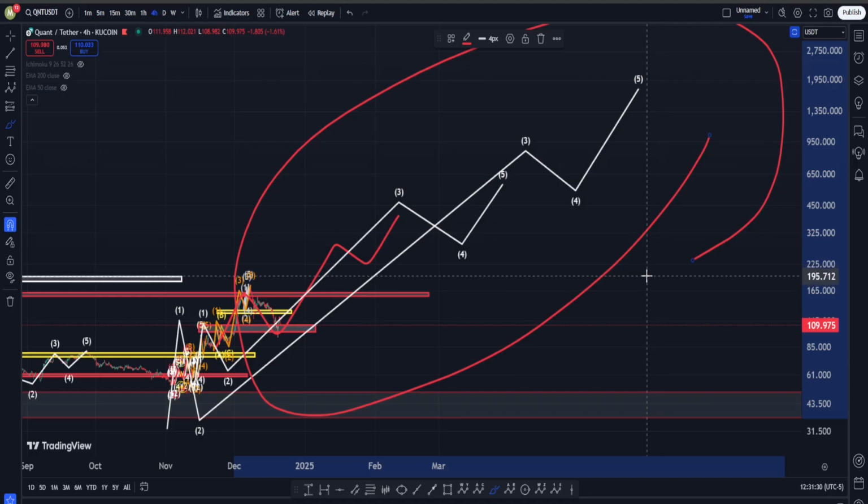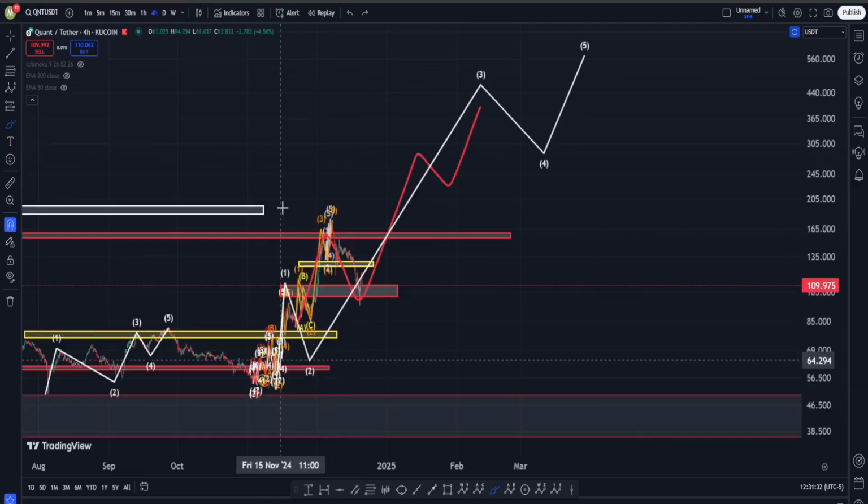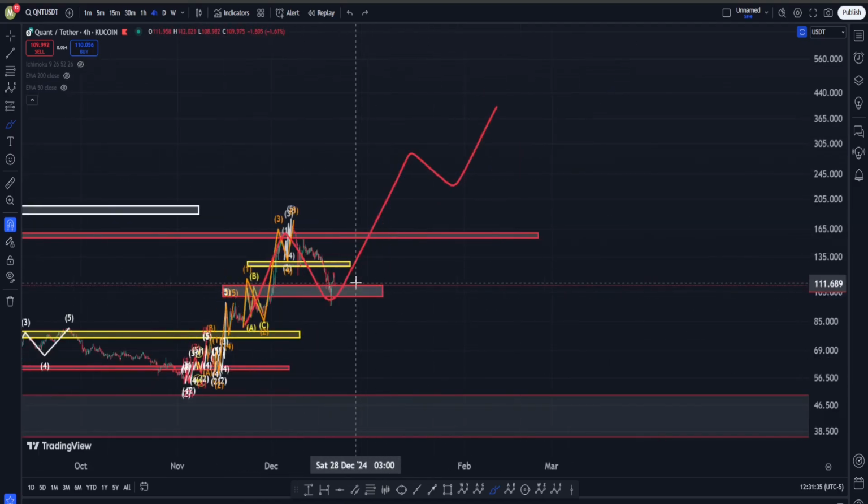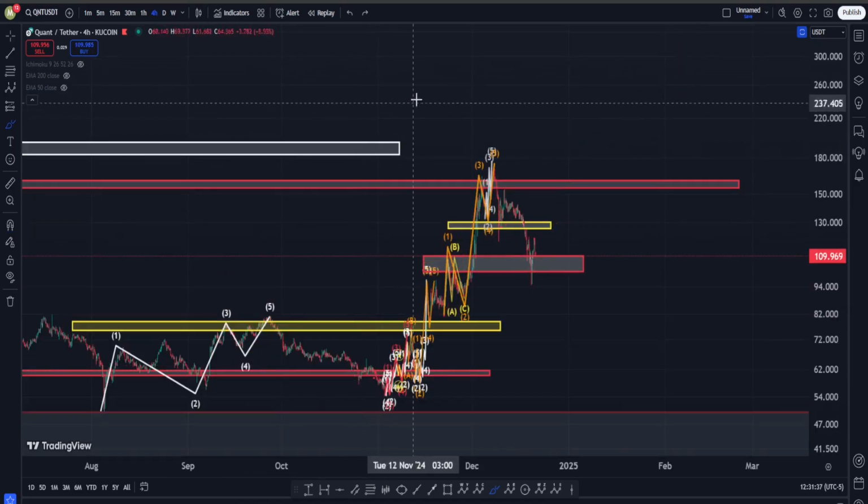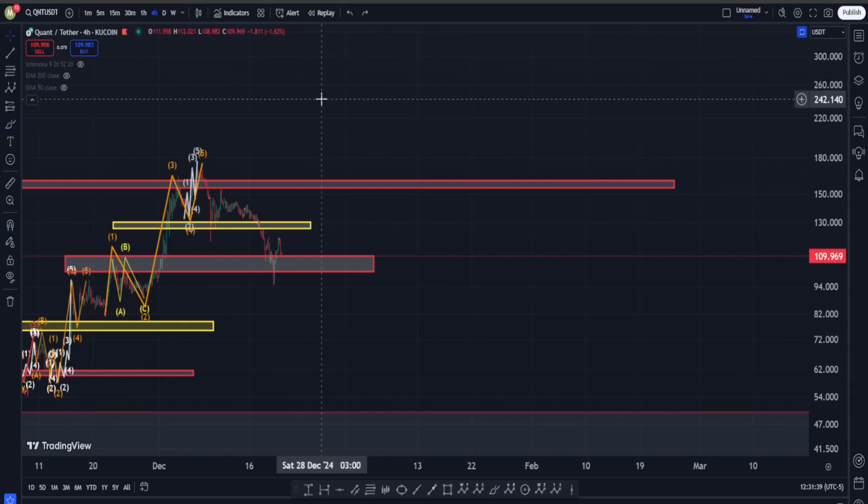So you see, overall it doesn't really matter what kind of possibility we are going to have in here in QNT. One way or the other, all of them are going to be bullish ones.